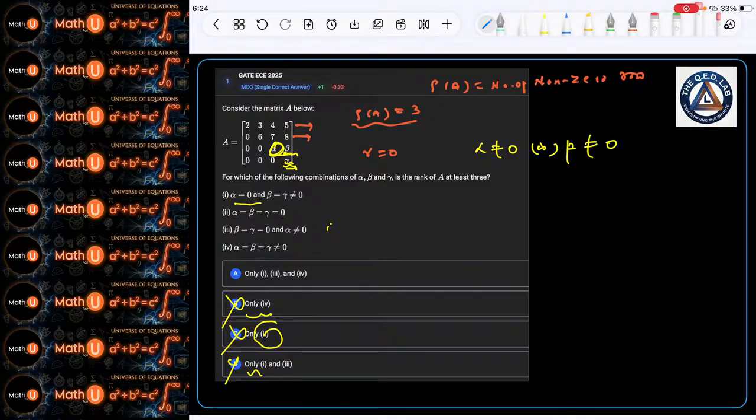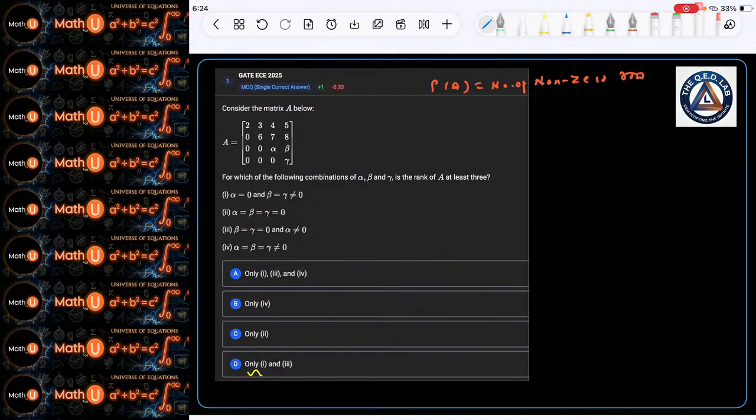One minute, we will discuss another way. We can apply the determinant method. It is a square matrix, so we can apply the determinant method. Gamma should be 0.